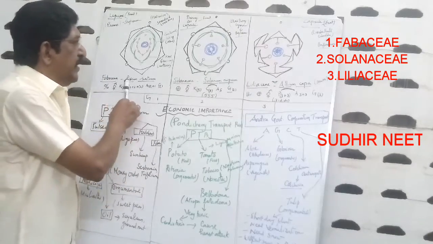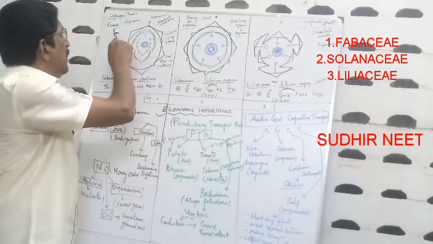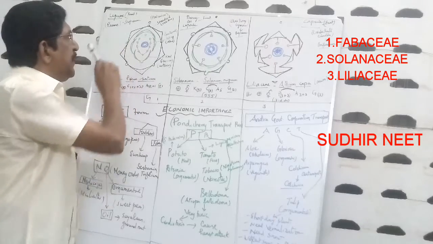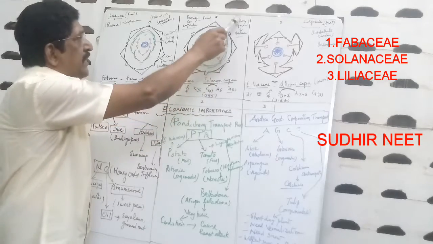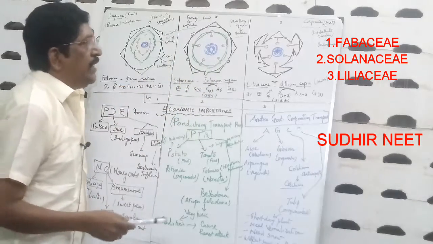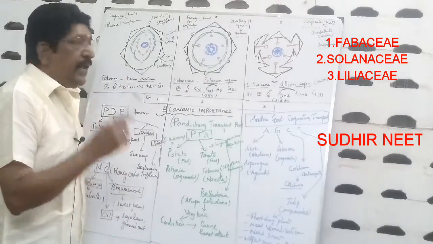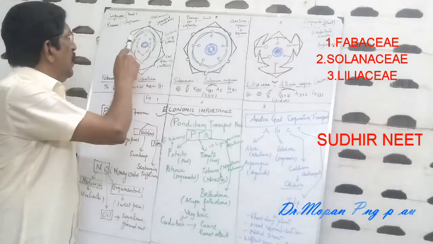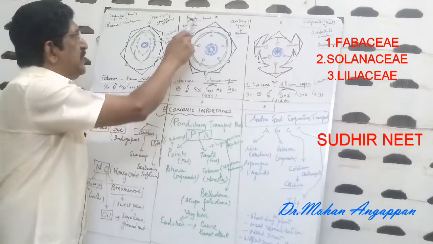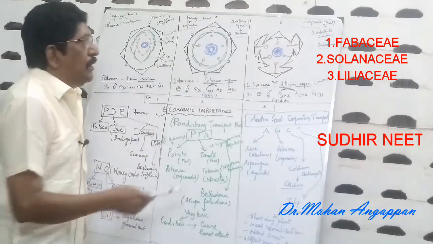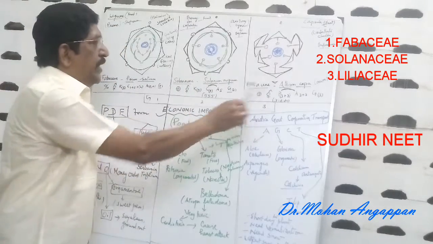Okay, so we have studied the floral characters comparatively, and then the inflorescence of Fabaceae is raceme, whereas in Solanaceae it is axillary cyme, and in Allium cepa it is umbellate cluster. When you take the fruits, in Fabaceae it is a legume, in Solanaceae it is berry or capsule, in Liliaceae it is a capsule. So it is a comparative study.